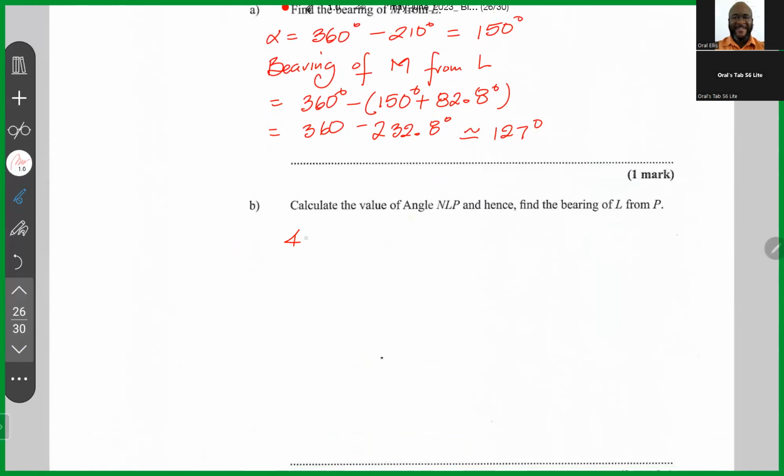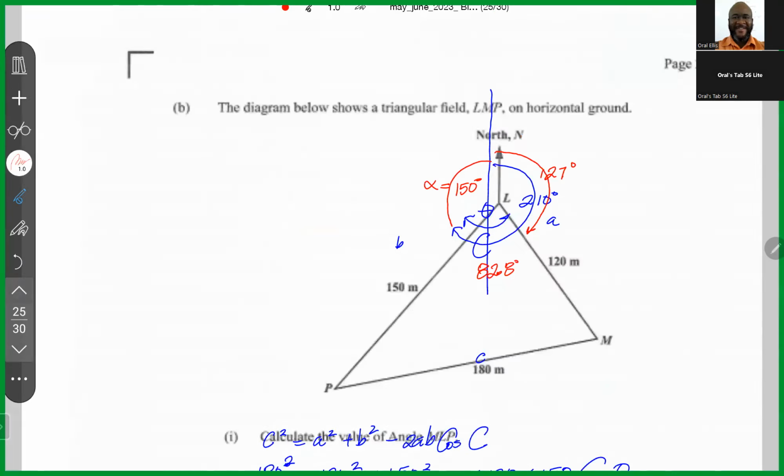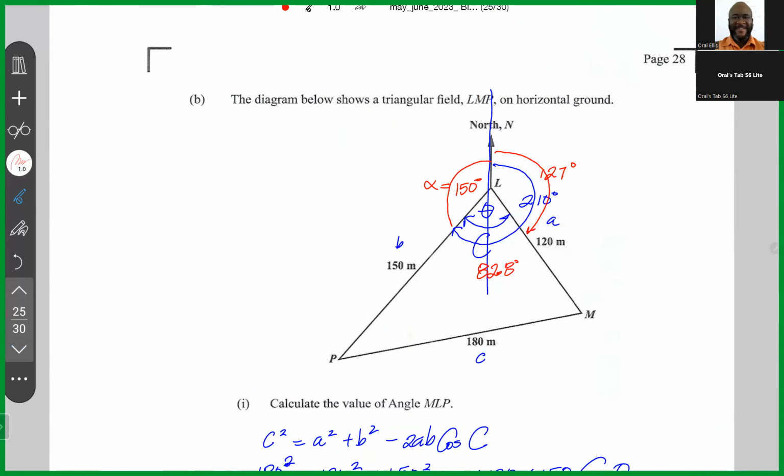Angle NLP would be equal to 200 and what?